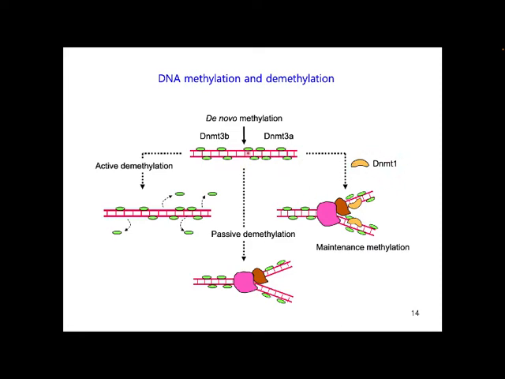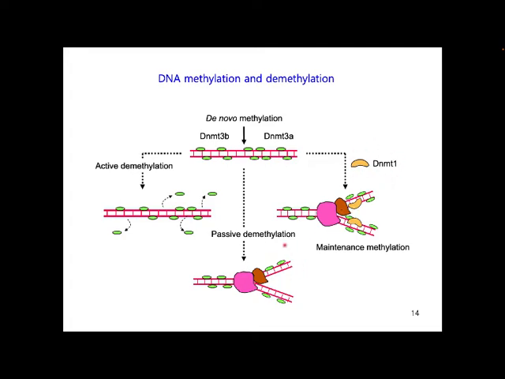And naturally, if DNA methyltransferase 1 is not actively involved, then after cell division the DNA methylation pattern is diluted, which means it is diminished after cell division. That is called passive demethylation. So maintenance of methylation and passive demethylation can be caused by the action of DNMT1.